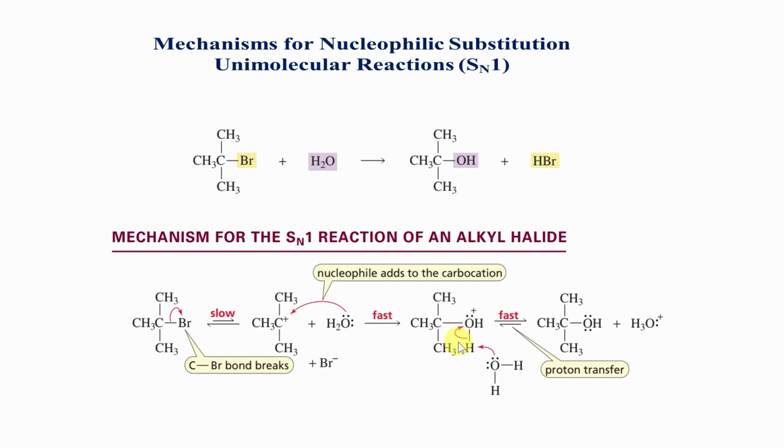And from this protonated alcohol, proton transfer to a water molecule takes place, forming the product tertiary butyl alcohol. That is the mechanism of SN1 reaction. Okay, here the rate determining step involves only the substrate molecule, and hence it is a first order reaction. That means SN1 reaction is a first order reaction.